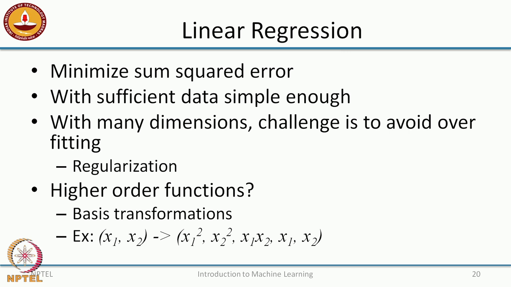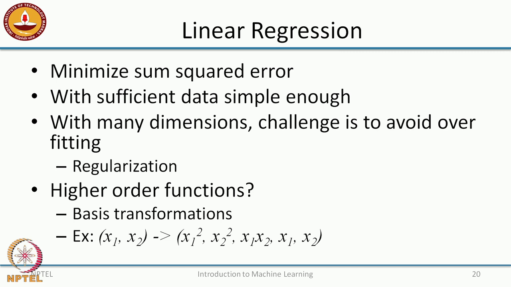One point that I want to make is that linear regression is not as simple as it sounds, right. So, here is an example. I have two input variables x1 and x2, right, and if I try to fit a straight line with x1 and x2, I will probably end up with something like a1 x1 plus a2 x2, right, and that looks like a plane in 2 dimensions.